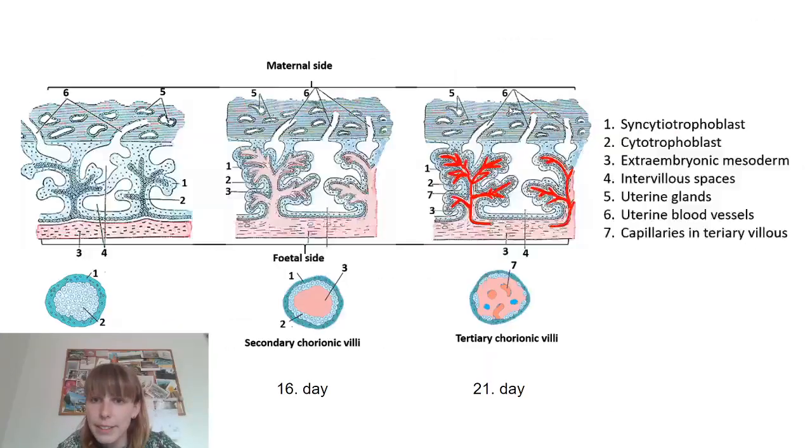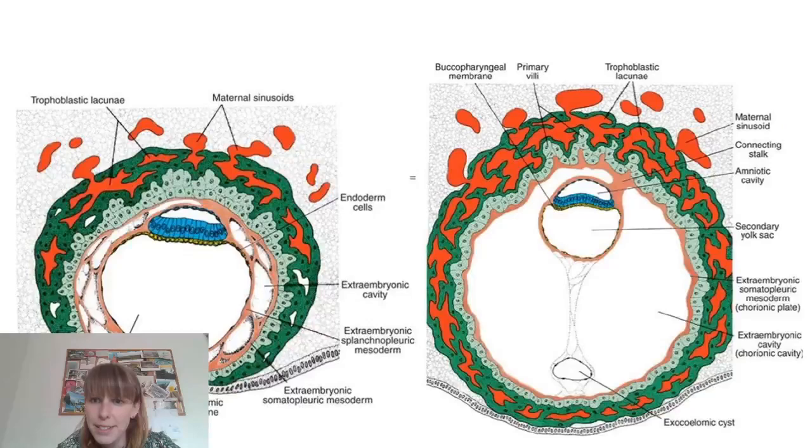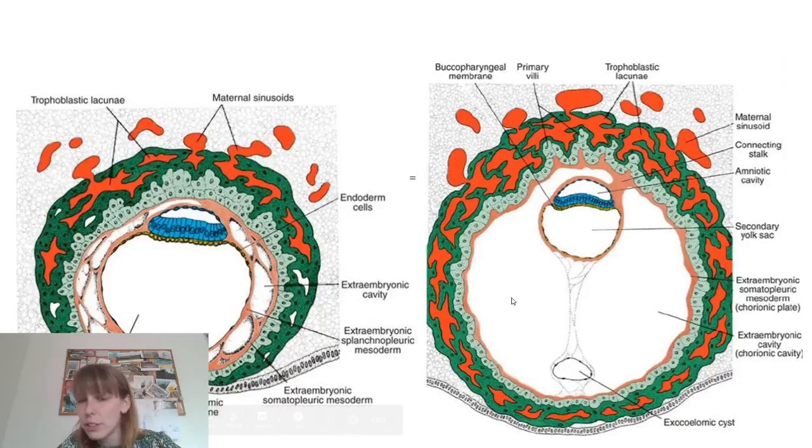So let's get back, did we have a nice picture for this? Yes. So here at the beginning you have the chorionic cavity. This will be the chorionic cavity that we saw on the images following that. And here you have the amniotic cavity, but you also have something we haven't discussed yet, and that's the yolk sac.